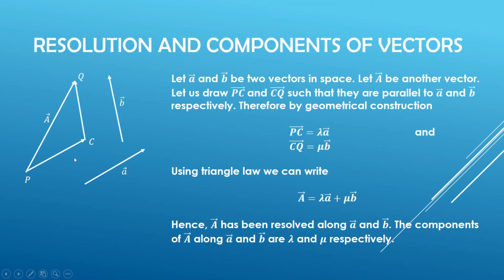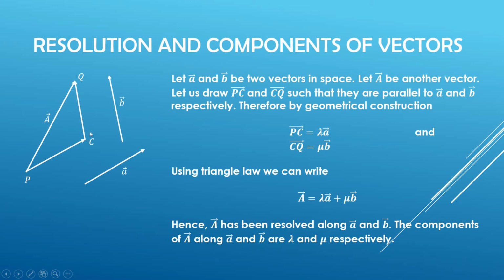How can we do that? We will construct PC vector which should be parallel to A vector. See, it is parallel to A vector, and another vector CQ vector which is parallel to B vector.